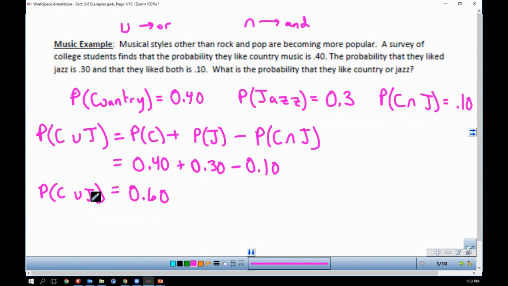So the probability of college would be 1.5 total, and okay, I understand.